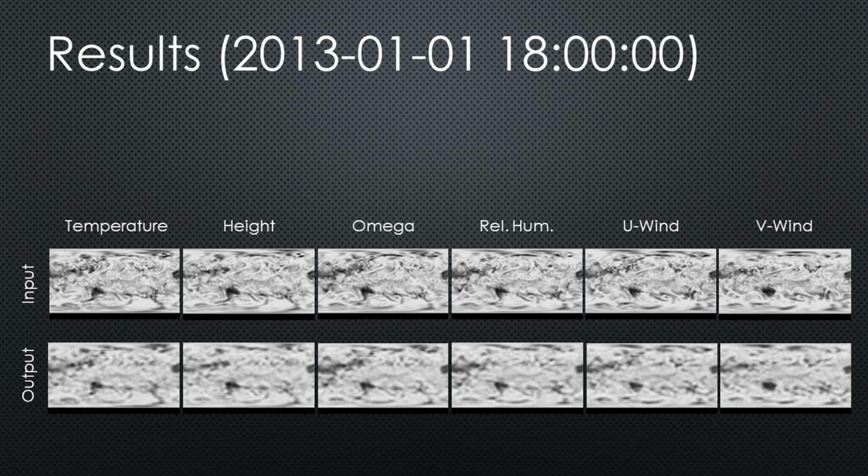Okay, so you can see here a side-by-side comparison of the input data to the auto-encoded version of that. This is from the test set, 2013, January 1st, 6 p.m. Greenwich Mean Time. This is the second pressure layer from that time step. And you can see that it's pretty close.